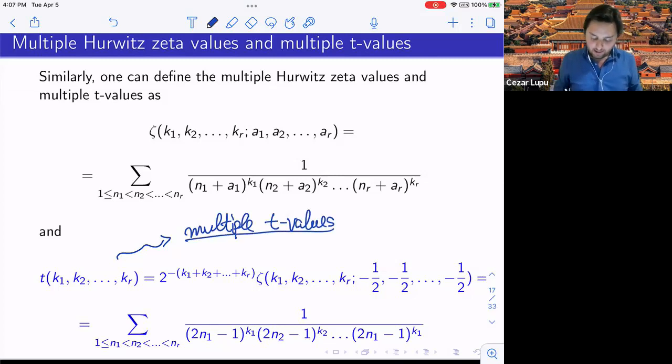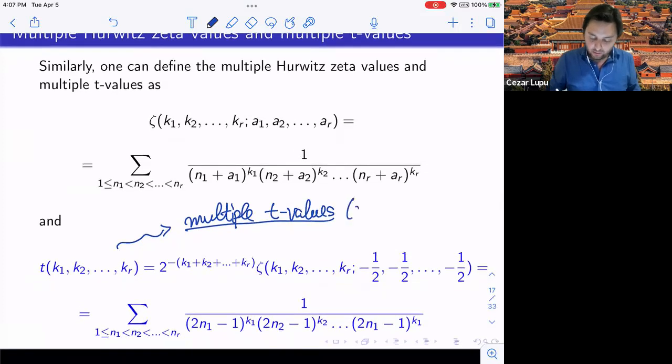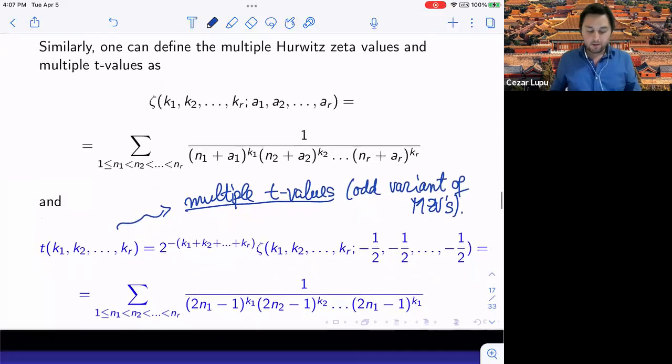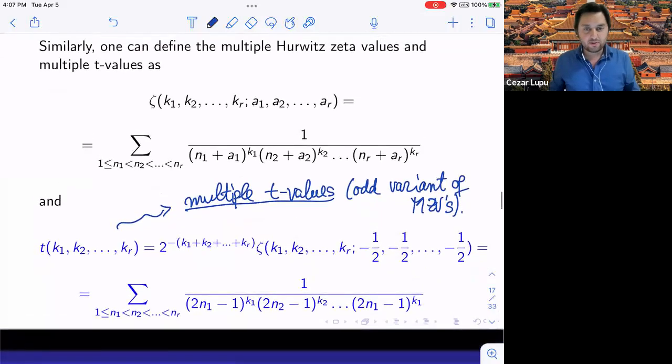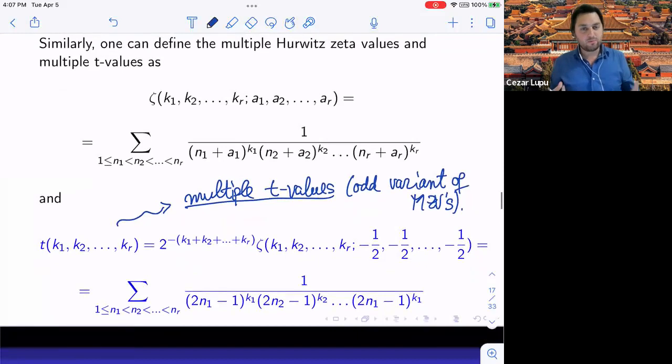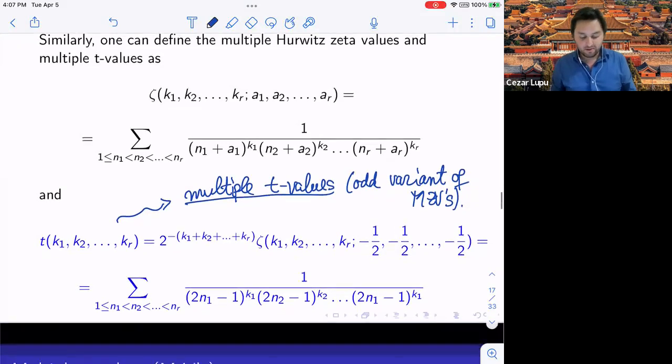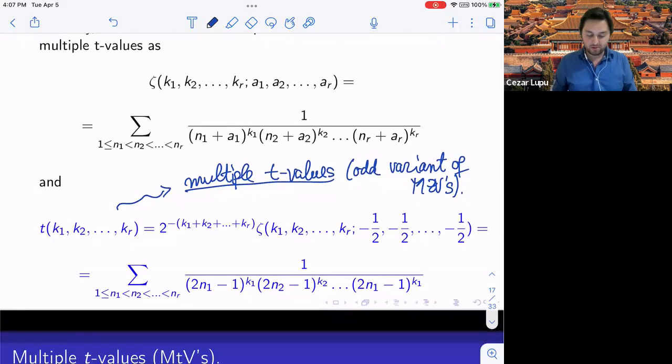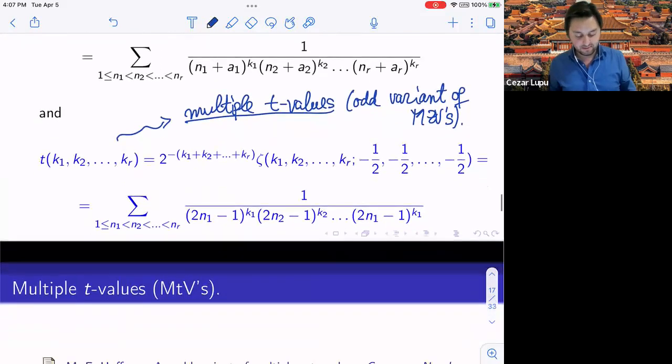As you can see, these are what we call the odd variant of multiple zeta values, MZVs, right? So again, we try to see what kind of parallels there are between these multiple t values and multiple zeta values.